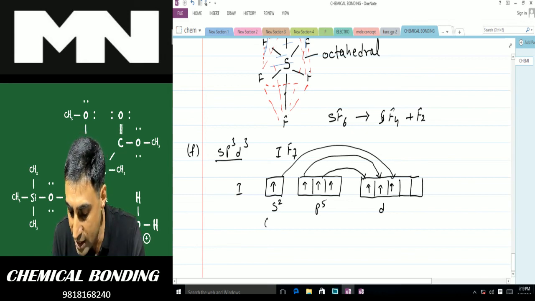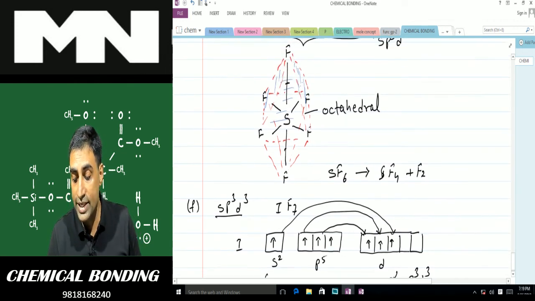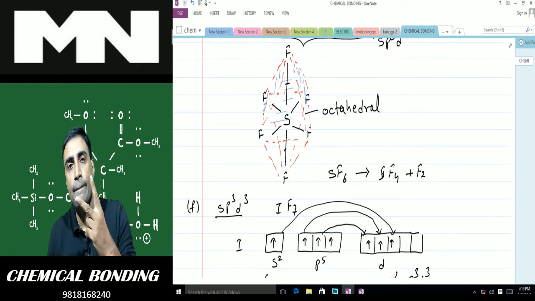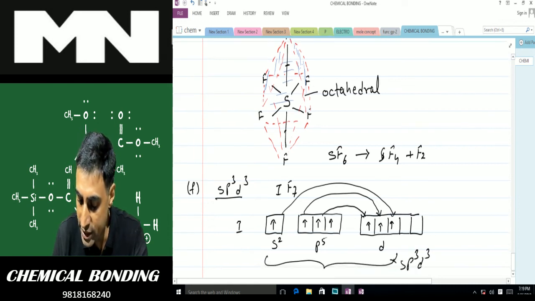And that's why the hybridization is sp3d3. Again, the axial bonds will be 2. If a bond is getting added, it has to get added to the equator.